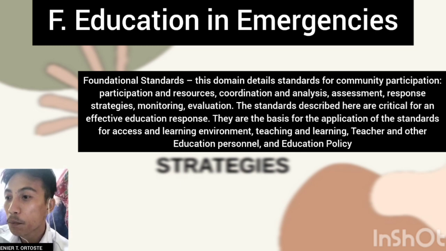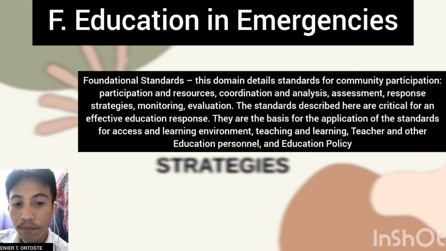So participation and resources, coordination and analyzing assessments, response strategies, monitoring, evaluation. The standards described here are critical for an effective education response. They are the basis for the application of the standards for access, the learning environment, teaching and learning, teachers and other education personnel, and education policy.